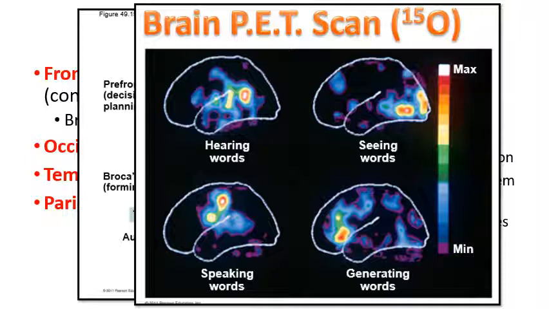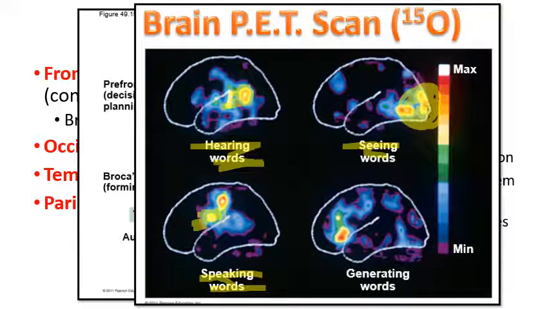Here they've overlaid a picture of the brain, and they do various things to volunteer patients. Patients volunteer to participate in these studies. This tells you which parts of the brain are working the hardest for each of these tasks. When you're hearing words, it's Wernicke's area that's working the hardest. When you're seeing words, it's the occipital cortex. When you're speaking words, it's Broca's area.